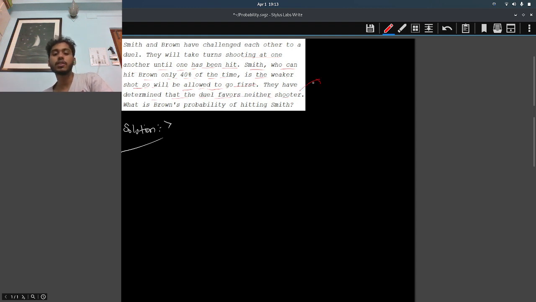Basically, which means that the probability of shooting each other is the same, like Smith shoots Brown is equal to Brown shoots Smith. So we know that the probability that Smith shoots Brown is equal to 0.4, right?